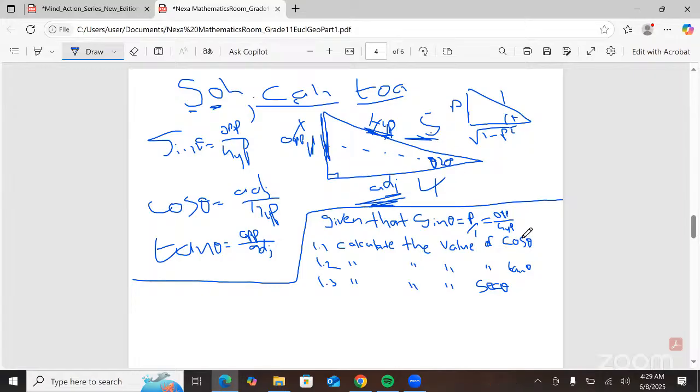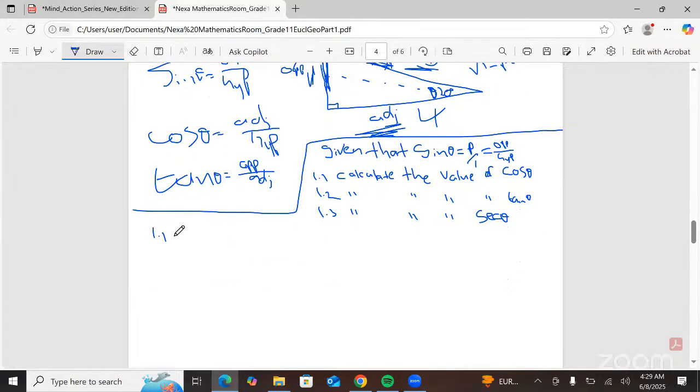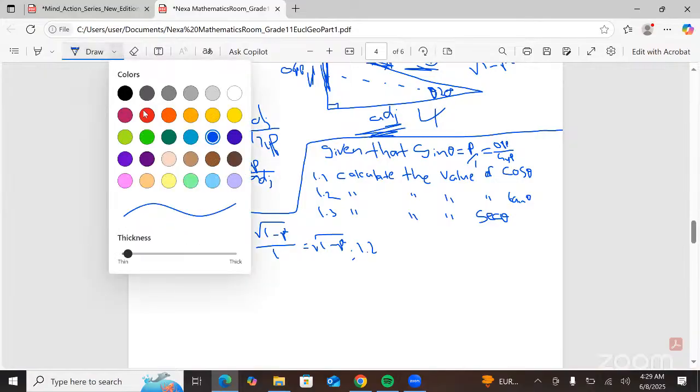Yes. Okay, and then now 1.1. Cos theta is equal to adjacent over hypotenuse. Adjacent is the square root of 1 minus P squared, all over 1, which can be just written as the square root of 1 minus P squared. Okay, this is correct.